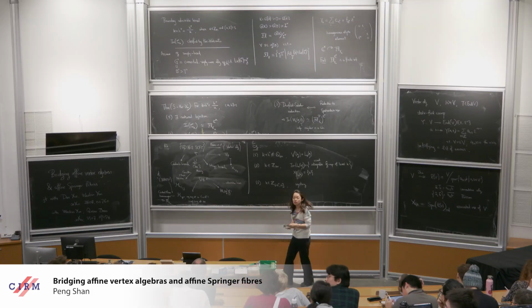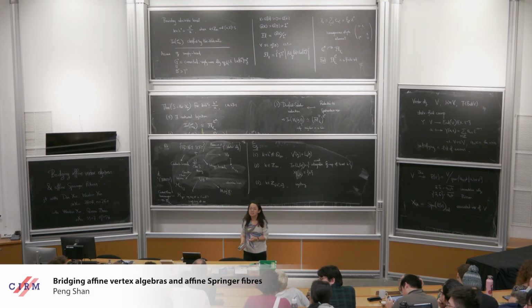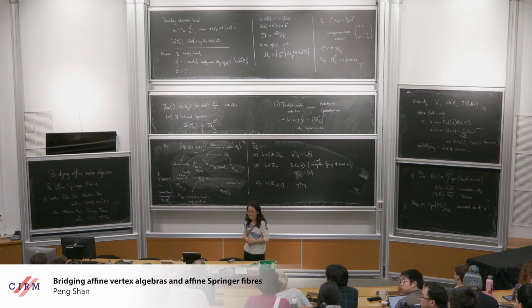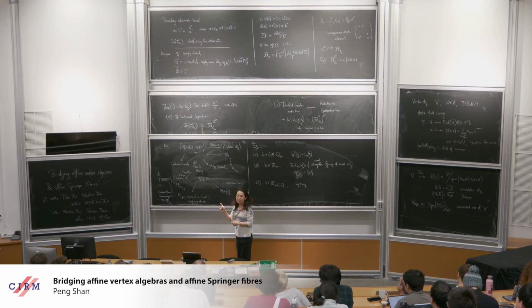Can I ask a question? Sure. Maybe the answer is just mathematics, but how do the physicists know that they get specifically the simple quotient? Good question. So they don't know you get the simple quotient.